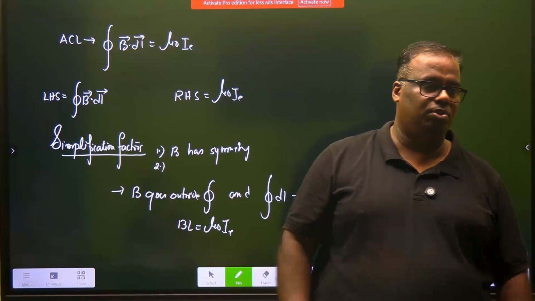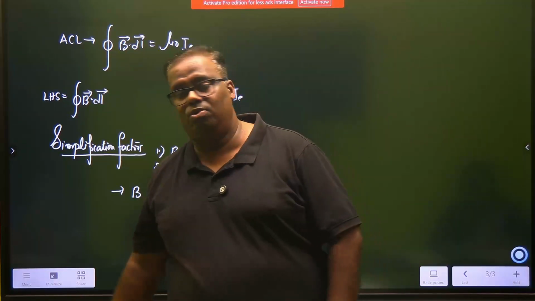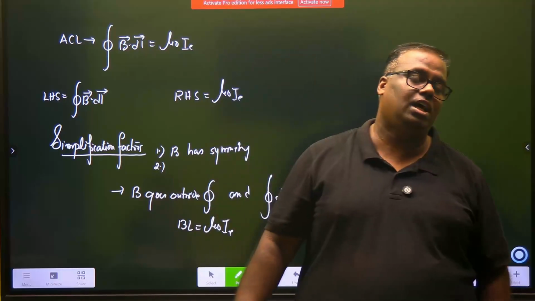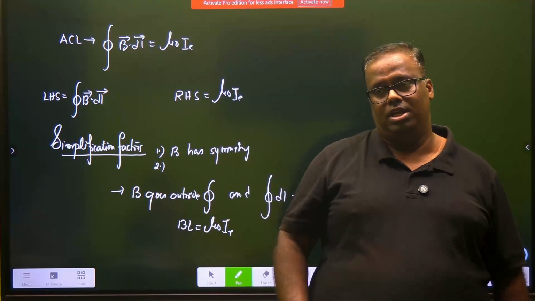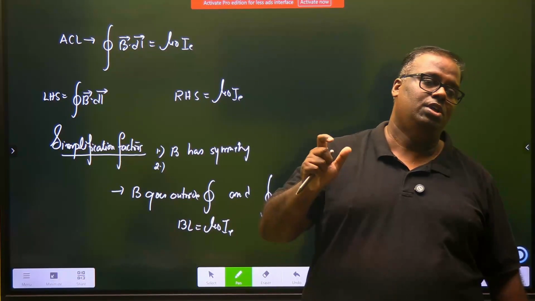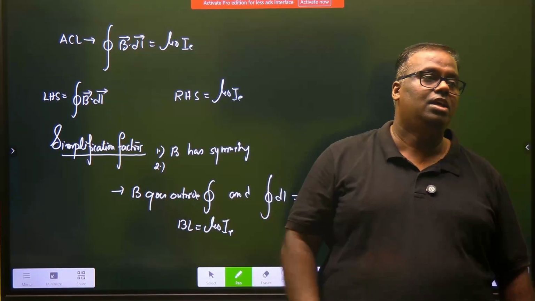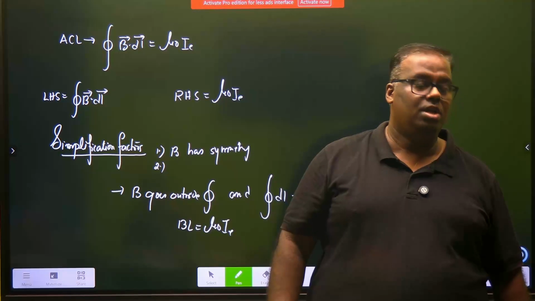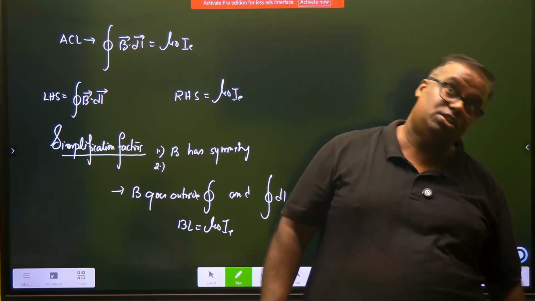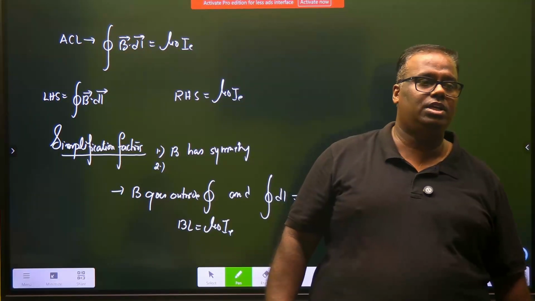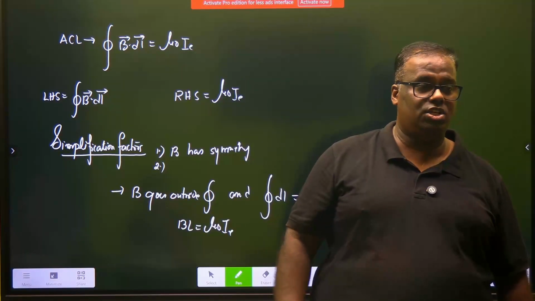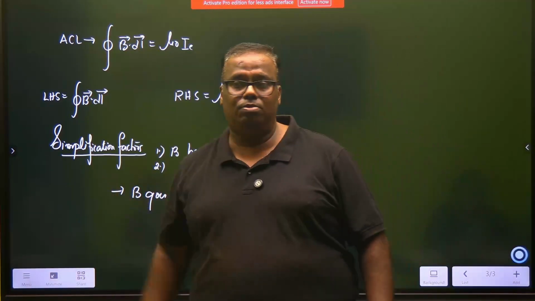Experimentally, the integral of B dot dL has been found equal to mu naught times the current enclosed inside the loop. This law is true, but it will be beneficial for us only when you can assume a symmetric loop. If B is symmetric, B is constant, and B is tangential, then you can pull B out of the integral.